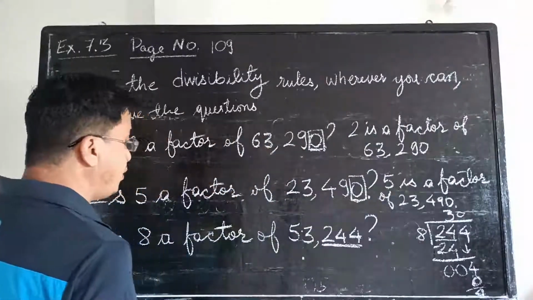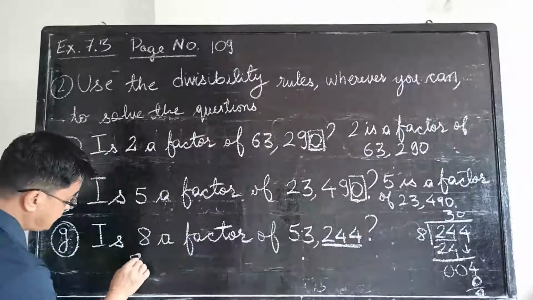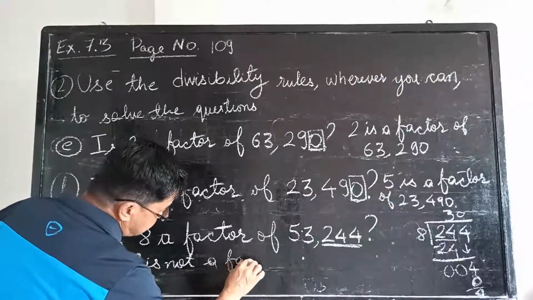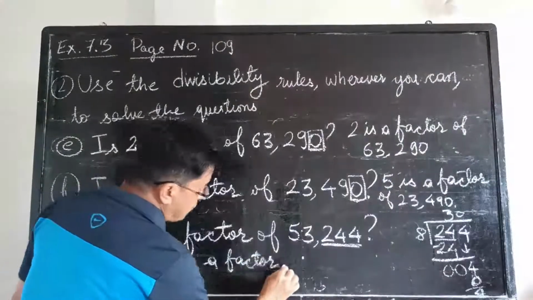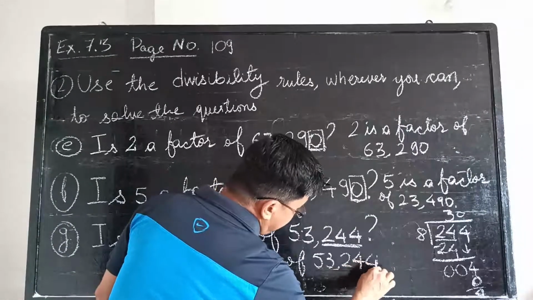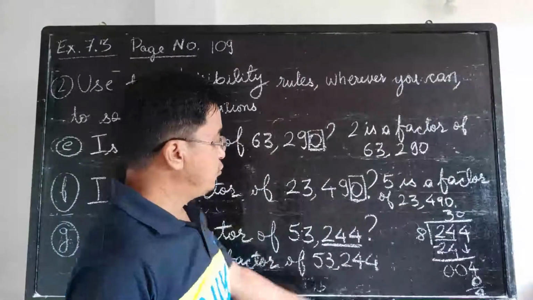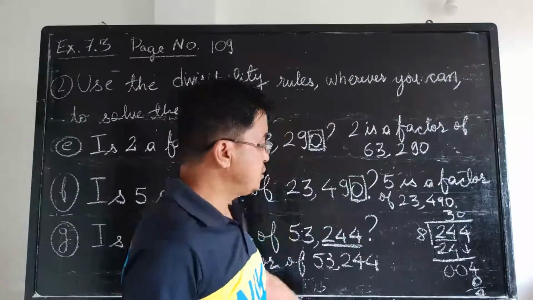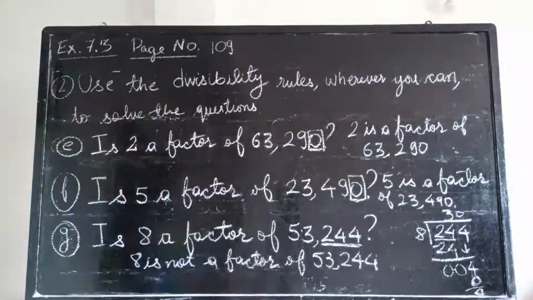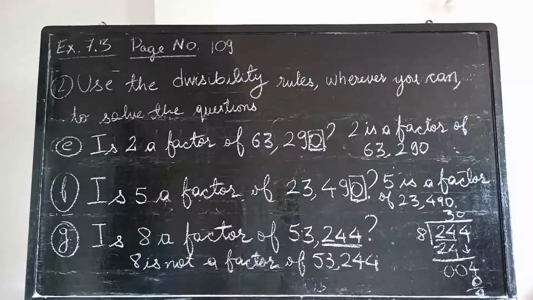So 8 is not a factor of 53,244, because 8 cannot divide 244 exactly. Since we are getting remainder 4 here, 8 is not a factor of 53,244. I hope you understood how to find the factors using the divisibility rule wherever you can to solve the questions.